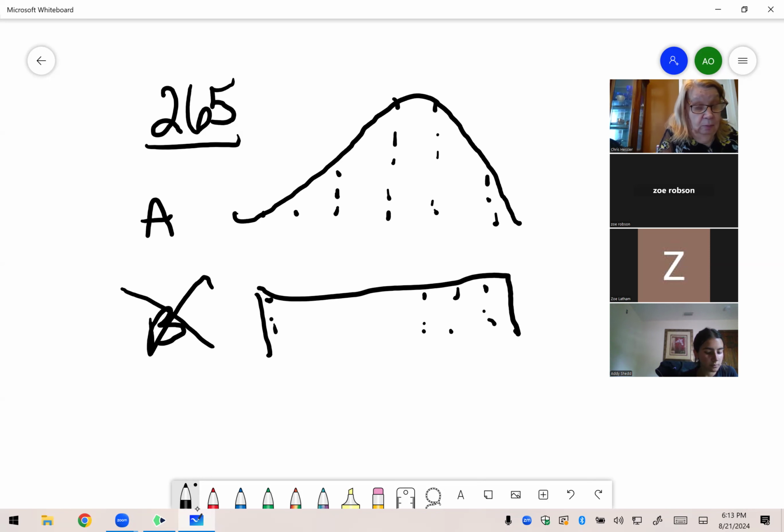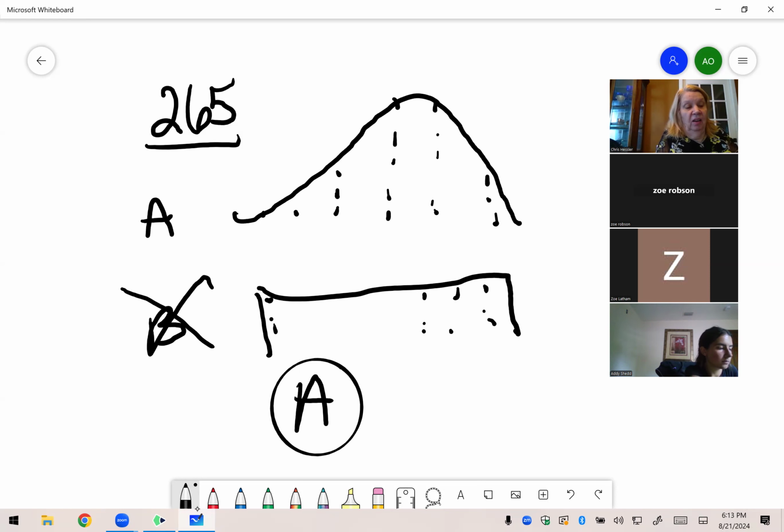So A is going to have a lower standard deviation, so our answer is A. So Zoe Robson, you remember calculating all this, right? Yeah, no, you don't have to do that on this test. So you're okay with this, Addie? Yes. And Zoe Latham? Yeah. Okay. Let's go on to the next page in the packet.